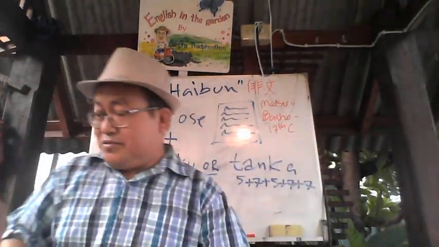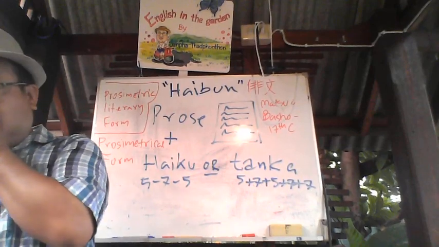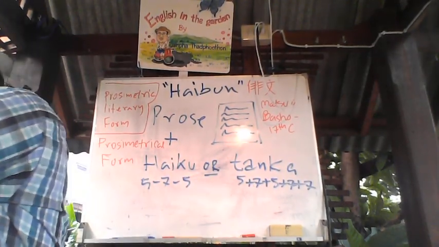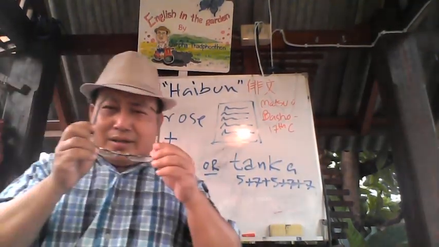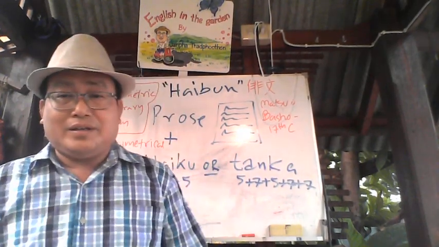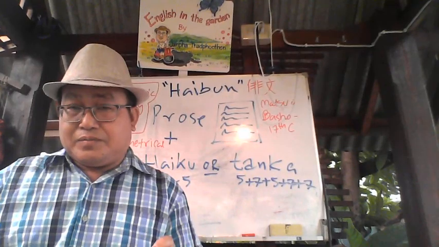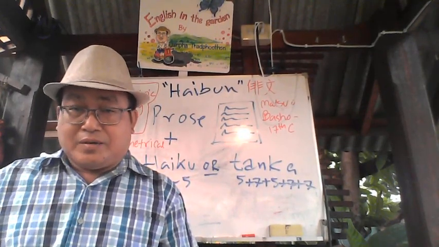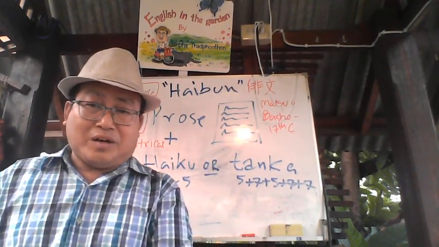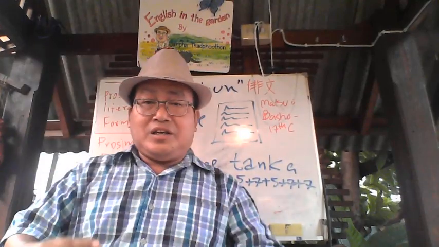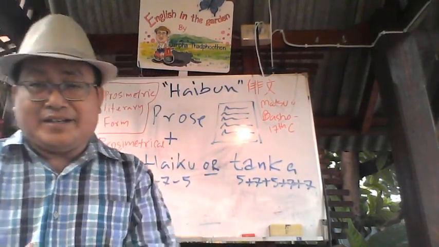It is a literary form that has survived the test of time. Matsuo Basho himself traveled from town to town, from mountain to mountain, from community to community across Japan.